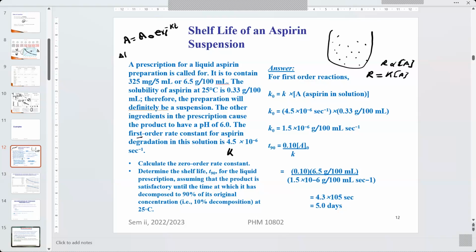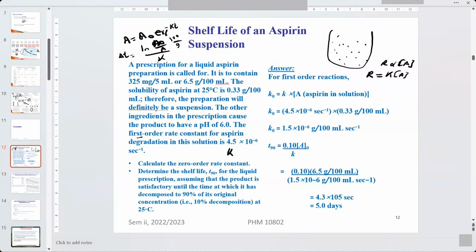Actually, the time, delta t, if you rearrange this equation, will be equal to ln of A0 divided by A, divided by K. So if you want to calculate delta T according to first order reaction, this is the equation: ln of A0 divided by A. The first is 100.